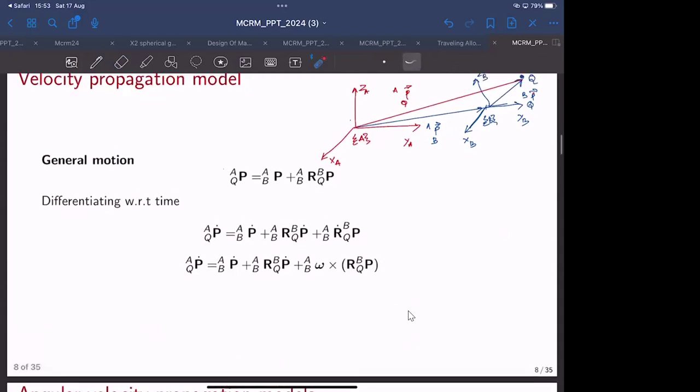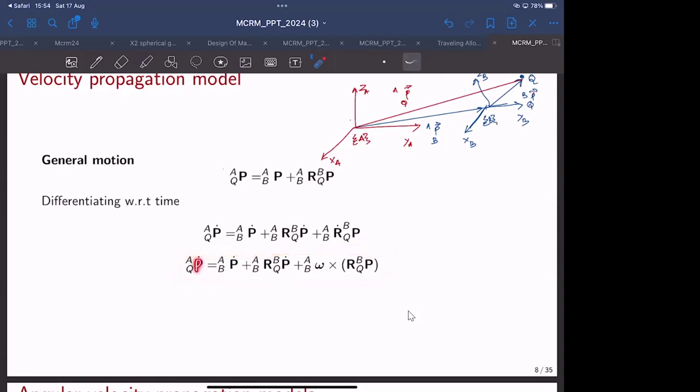Okay, so if I'm writing this expression like this, the derivative of this rotation matrix as a cross product of the omega and the rotation matrix itself, then you will get the final velocity equation like this, right?